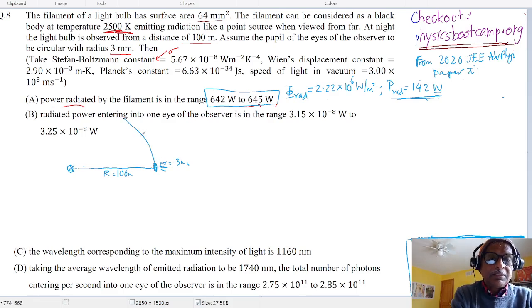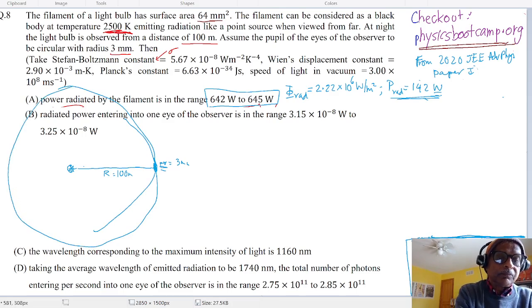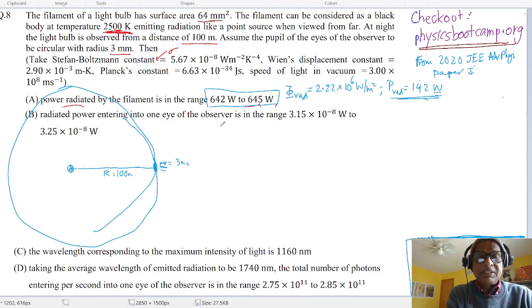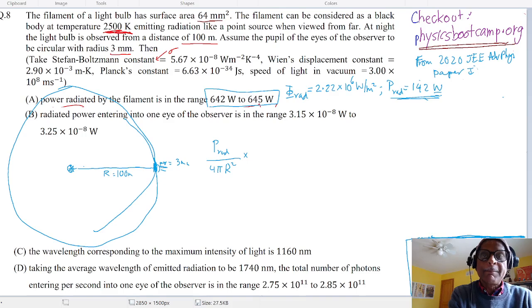And this energy is spread out over this whole sphere. So you can say the power radiated is spread out over 4 pi R square, and only pi r square, this circle, only pi r square of that goes into the eye.